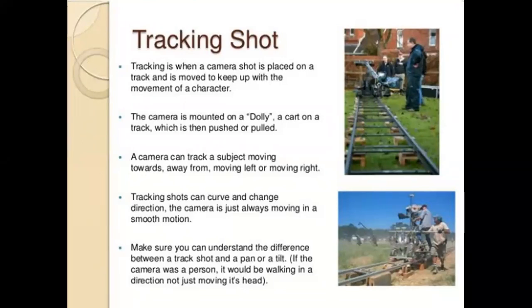A tracking shot is one in which the camera moves alongside what it is recording. Tracking shots are sometimes called dolly shots, but they can be differentiated by the direction they take. A tracking shot will generally follow along the horizontal axis as the subject moves.